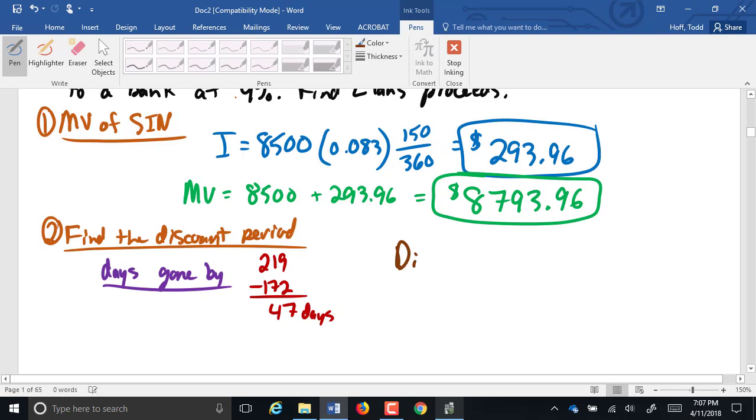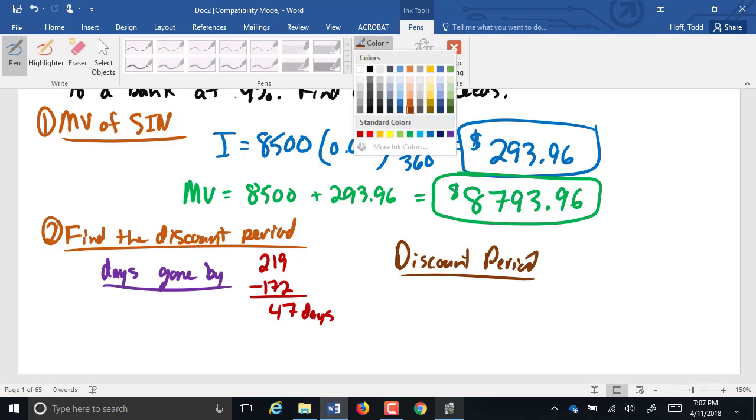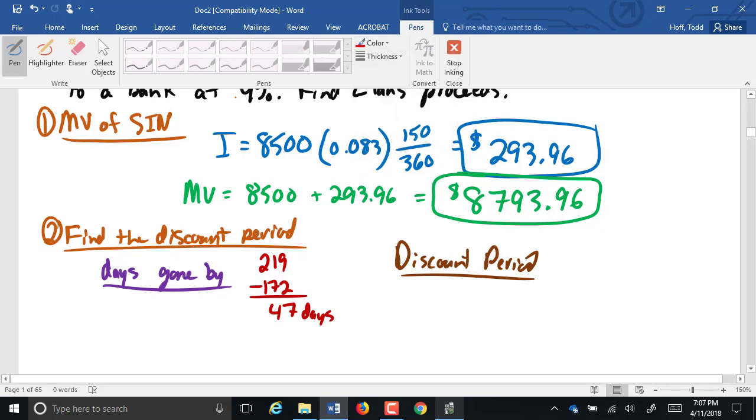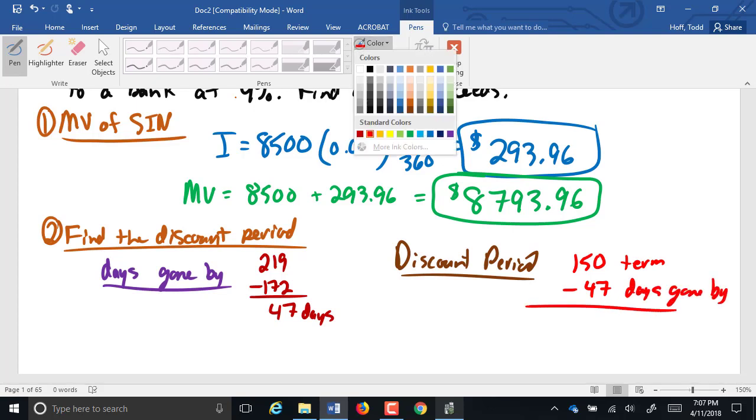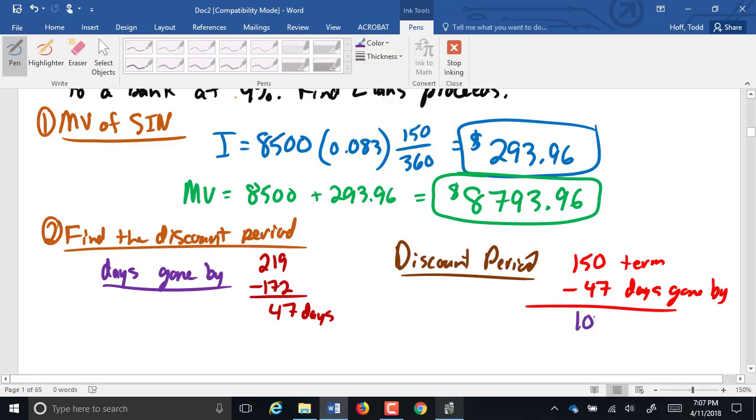So then we find the discount period by taking the term of the note, 150 days, minus the 47 days gone by, to get 103 days left. That is the discount period.